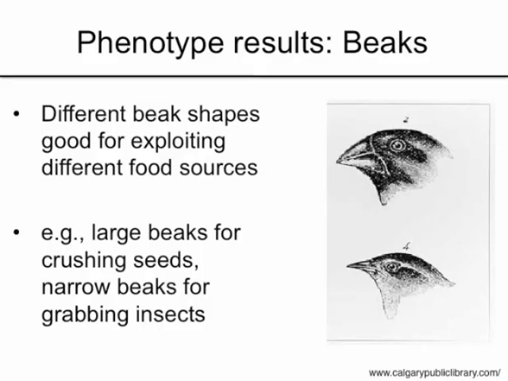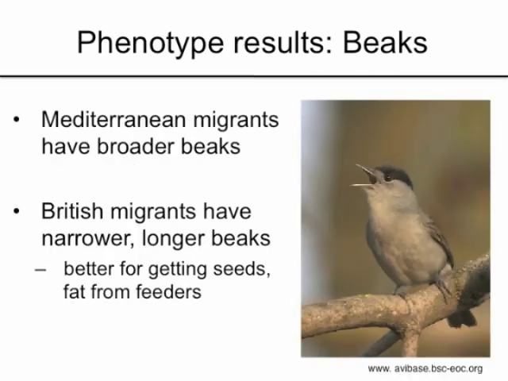They also saw phenotypic differences in beak shape. Differences in beak shape could be good for exploiting different food sources. We talked about this again with the Galapagos finches. Large beaks, for instance, might be good for crushing seeds, whereas narrow beaks might be good for grabbing insects. It turns out that the Mediterranean migrants have much broader, wider beaks, whereas the British migrants have much narrower and longer beaks.